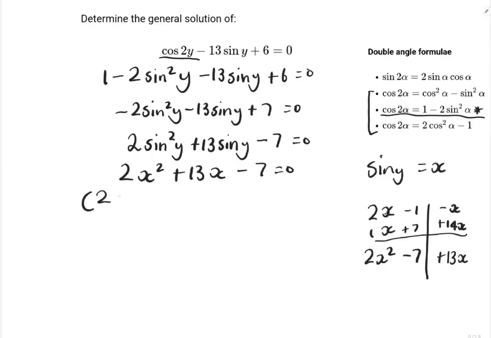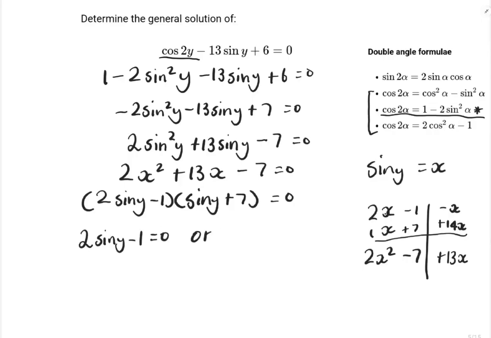So we're going to get 2 sine y minus 1, another bracket, sine y plus 7, is equal to 0. We're going to have 2 sine y minus 1 is equal to 0, or sine y plus 7 is equal to 0. Sine y is equal to a half, or sine y is equal to negative 7.